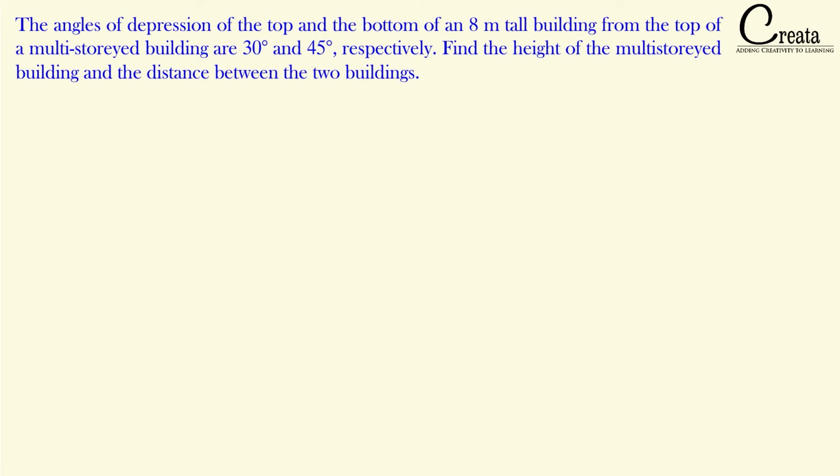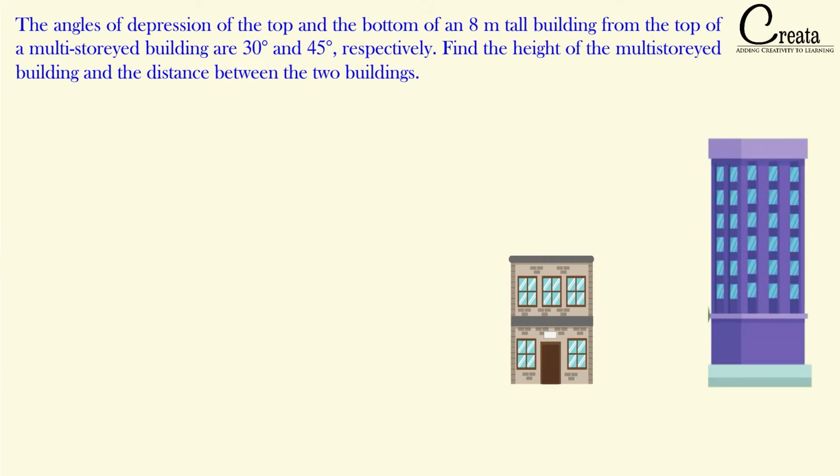In the question, two buildings are given. One is a multi-story building and one is a small building. And the height of the second building is given as 8 meter, which is a small building. And the angle of depression from the top of the multi-story building to the top and the bottom of the small building is given as 30 degree and 45 degree respectively.